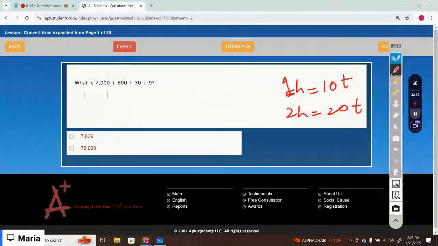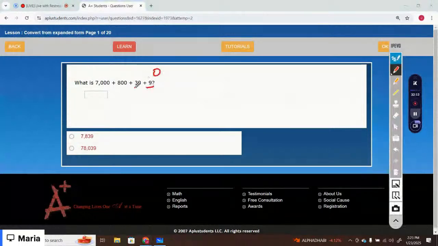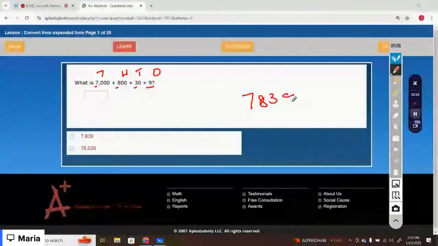So basically, these numbers tell you their place values. 9 is at the ones position, 3 is at the tens position, 8 is at the hundreds, and 7 is at the thousands. So together they make the digits 7, 8, 3, and 9. You can add, they make exactly the same number, right?